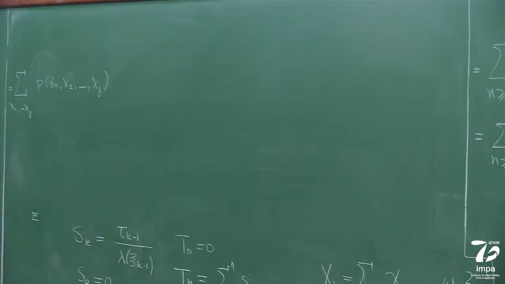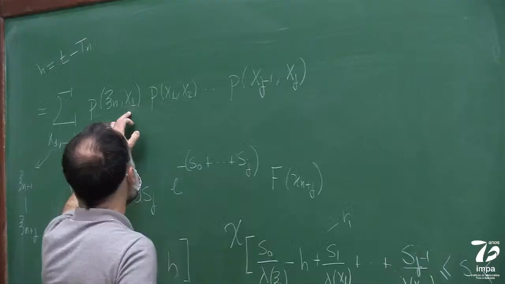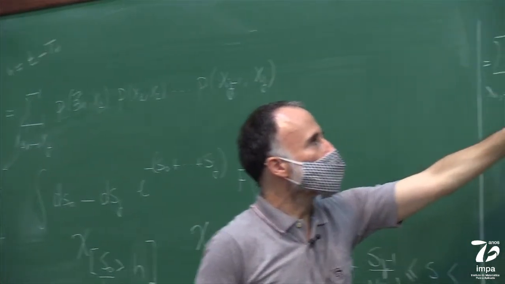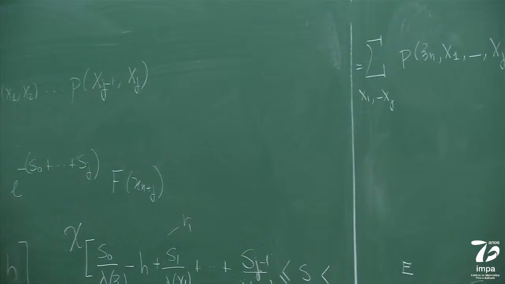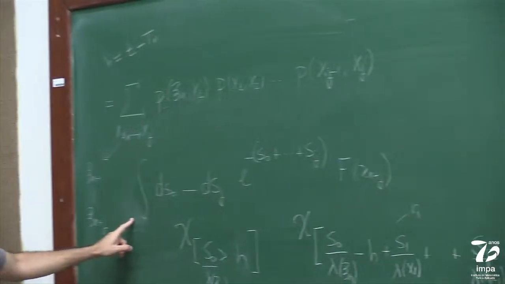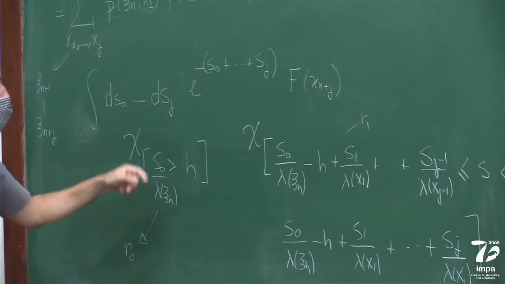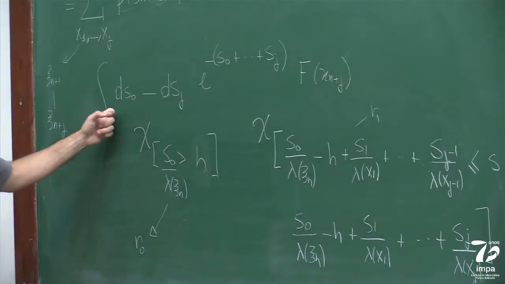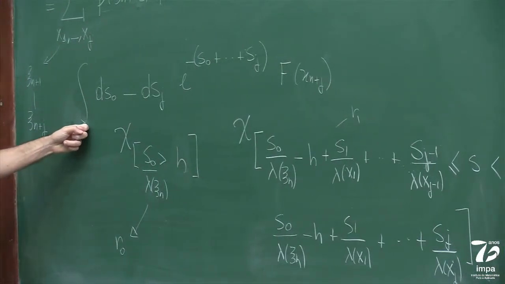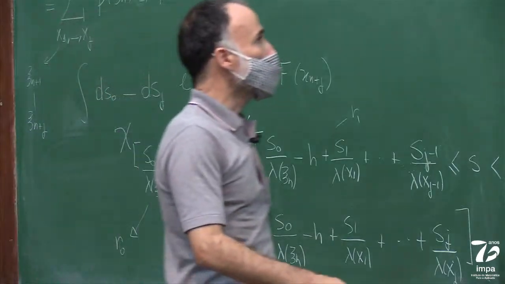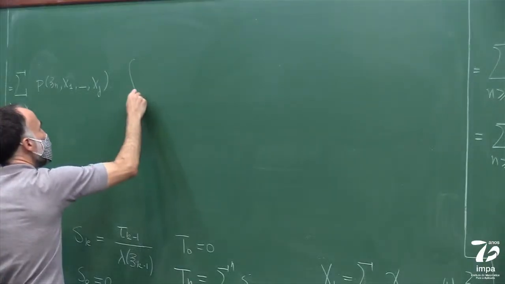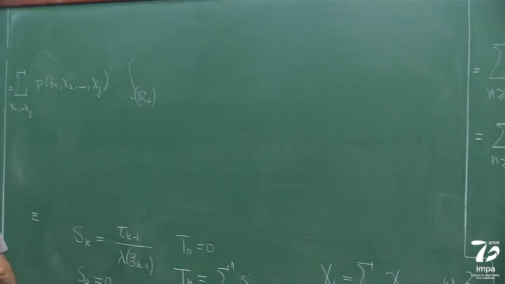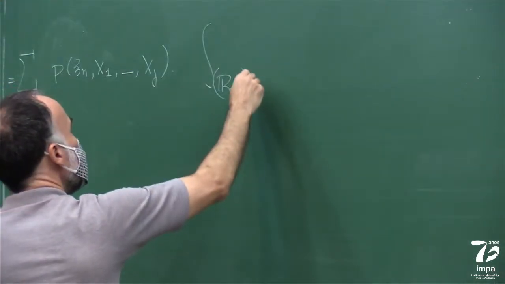So instead of writing p xn x1, etc., let me simplify the notation in this way. And now I have these integrals, but I changed the variables. So all these integrations are in R+, so they are still in R+ to a power which is j plus 1.